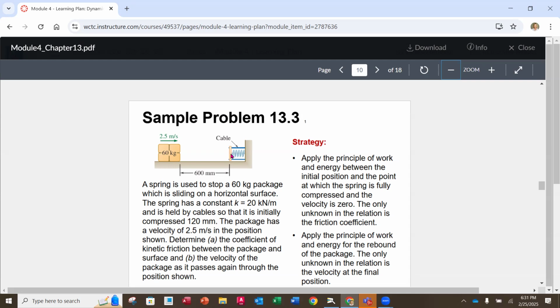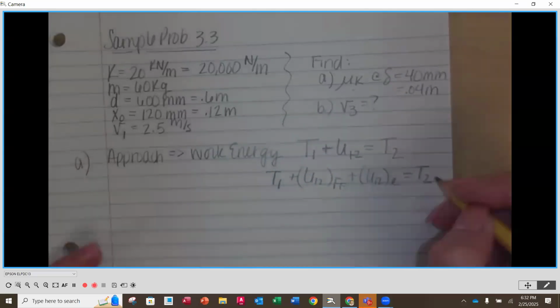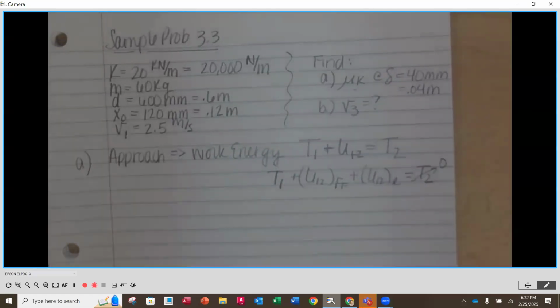At position 2, the kinetic energy is going to be 0, because it's stopping. It's compressing to the 40 millimeters, and then it's going to be changing its direction back. So T2 is equal to 0 because V2 would be 0. Everybody follow that at that position?